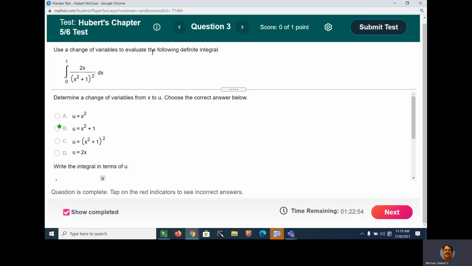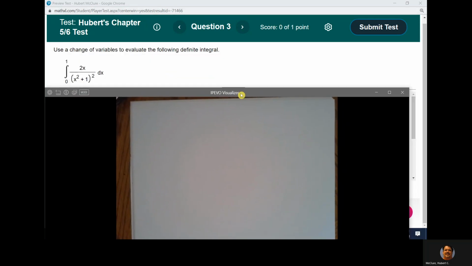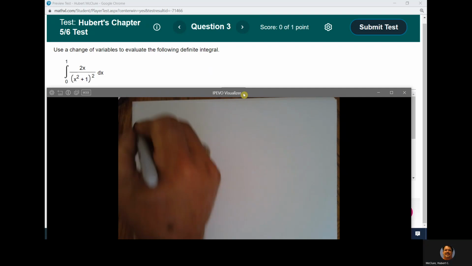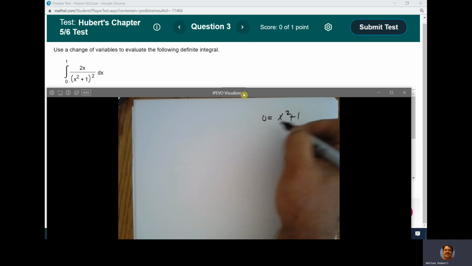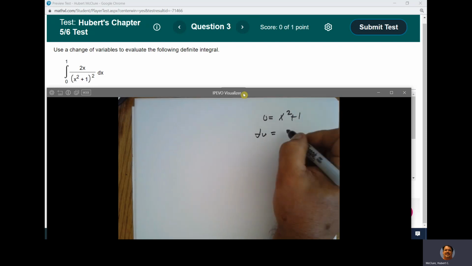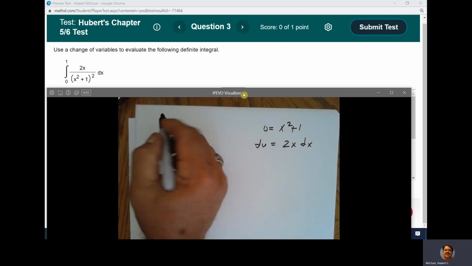Okay, use the change of variables to evaluate. We did one like this the other day. You're going to let u equal to x squared plus 1. I'll just go through the substitution for you. Therefore, du is equal to 2x dx, and we have 2x dx.